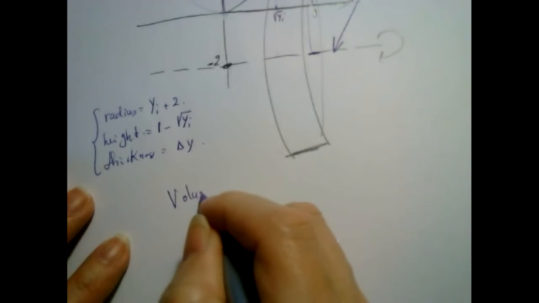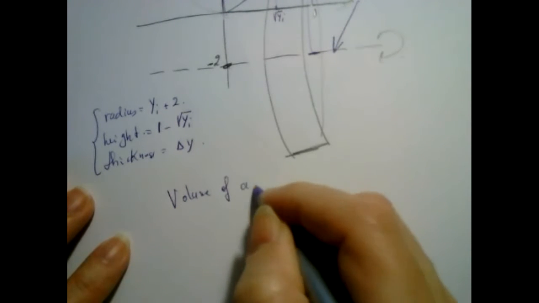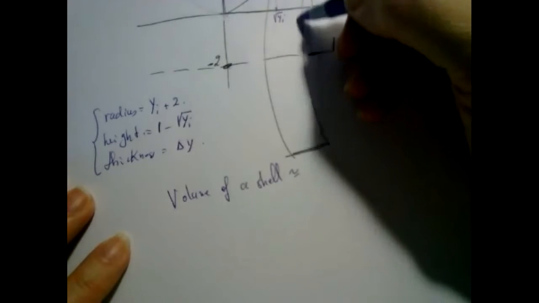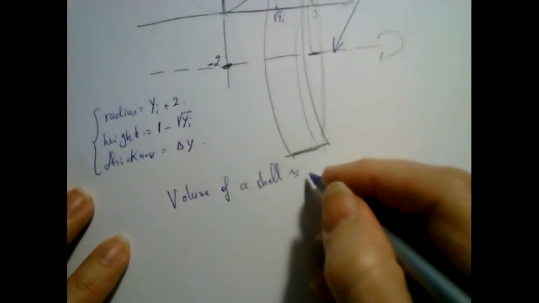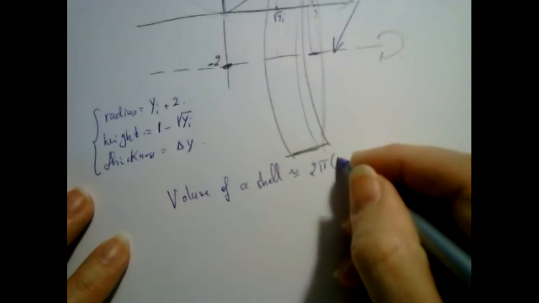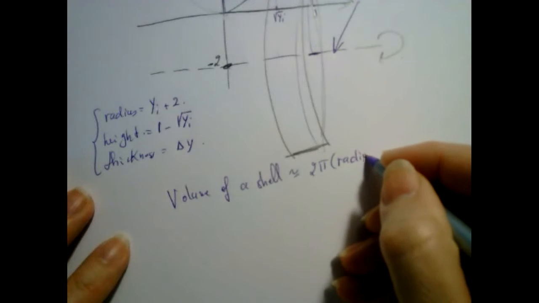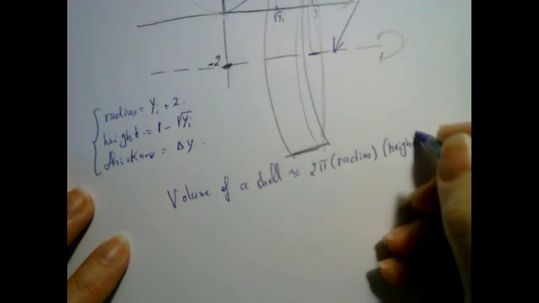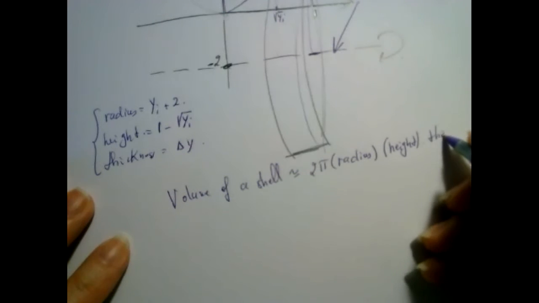Volume of a typical shell is almost equal. Basically, what we're doing is 2 pi times the radius times the height times the thickness.